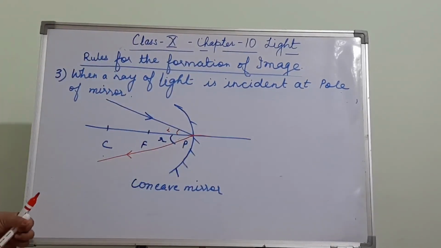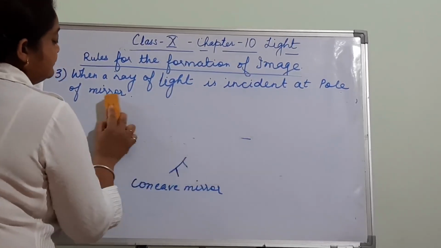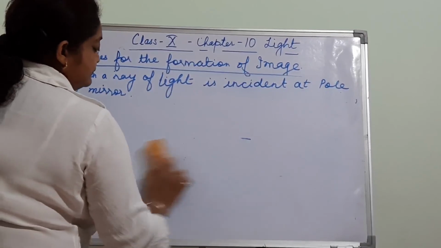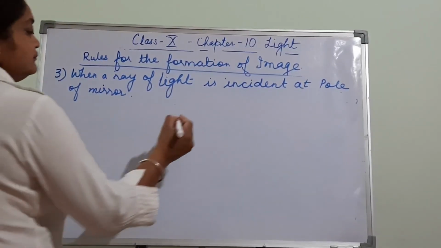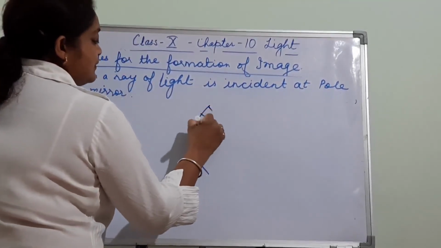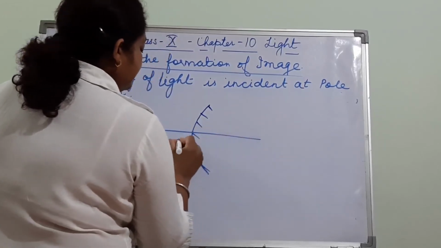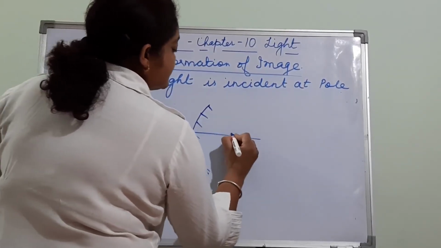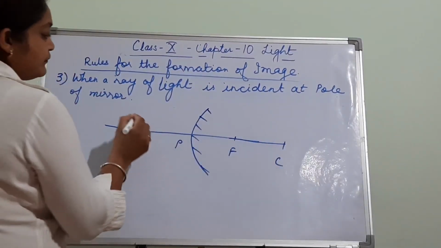Let us see for the convex mirror also. This is a convex mirror. This is pole. This is focus. This is center of curvature.